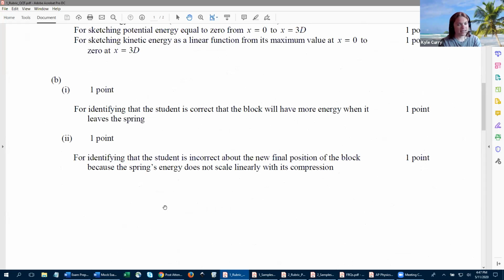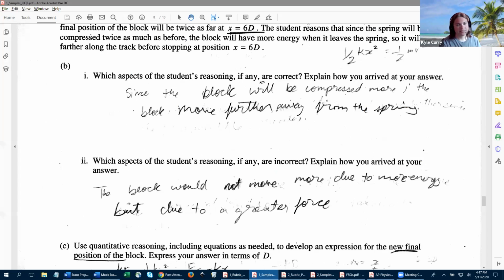You don't have to use that exact language, but you do have to say something about the compression of the spring not scaling linearly or not being proportional to how much energy is stored in the spring. If I go back and look at this response, the block would not move more due to more energy, but due to a greater force.